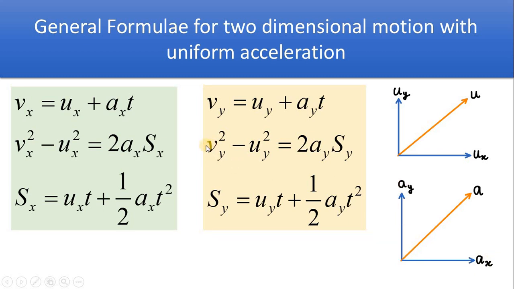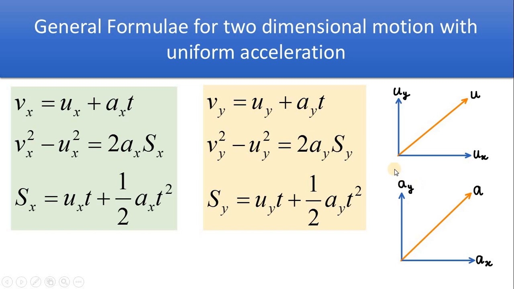What we see from this formula is that vx is the x component of final velocity, ux is the x component of initial velocity, and ax is the x component of acceleration. Similarly here, vy is the final velocity along y direction, or y component of final velocity, uy is the y component of initial velocity, and ay is the acceleration along y direction, or the y component of acceleration.